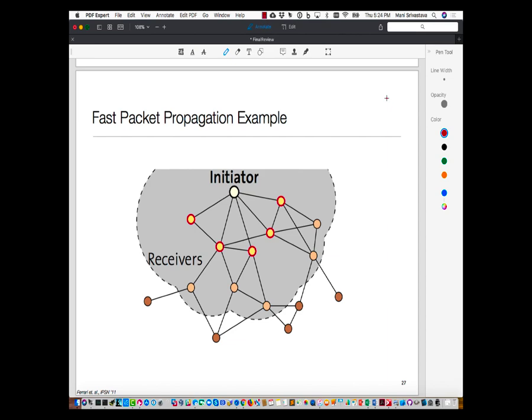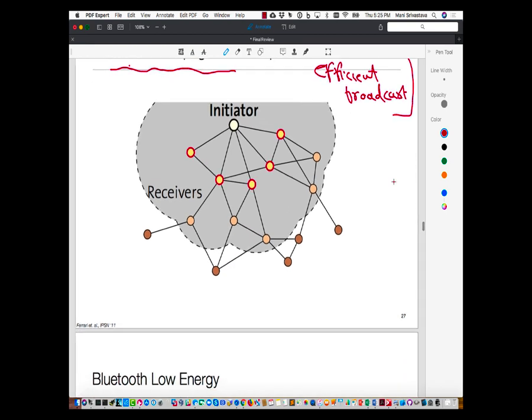What this scheme allows is a single sweep through the network to get the packet out. So fast packet propagation for very efficient broadcast. Broadcasting in particular is a challenging operation in wireless.